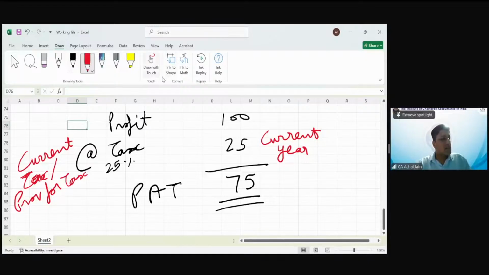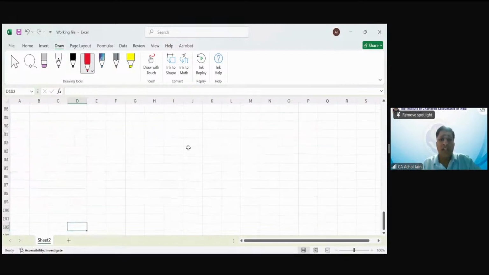Current year's tax means current tax or the provision for tax. So current tax is the tax that the company will compute for the current year. But there's a problem. Let's understand what the problem is.